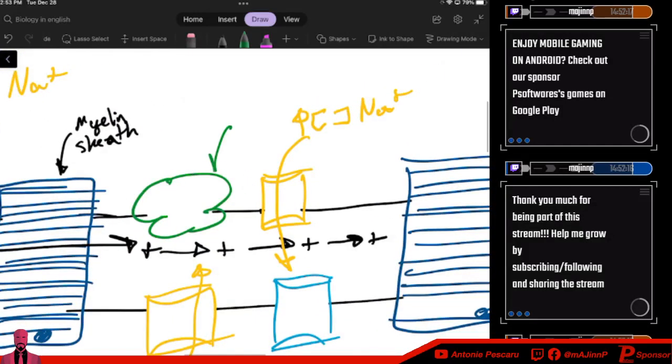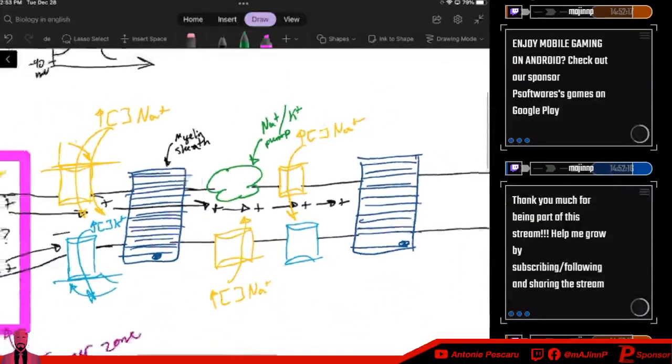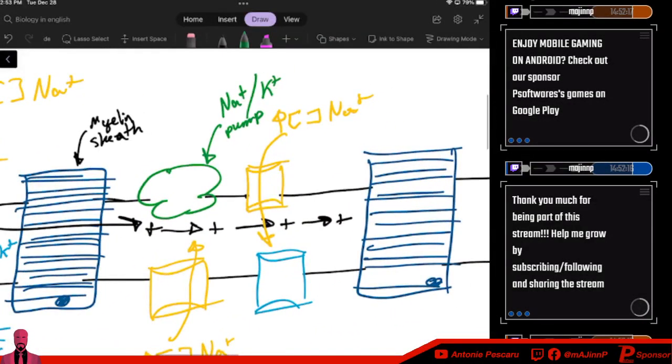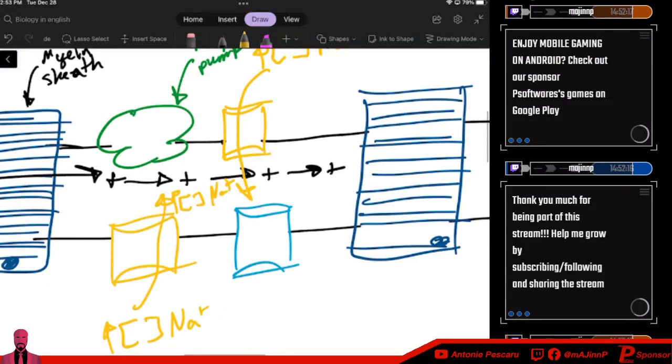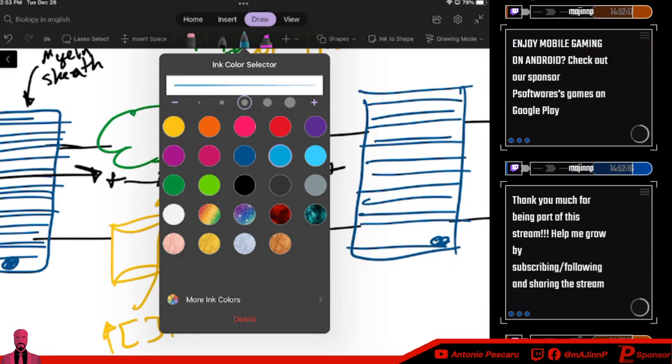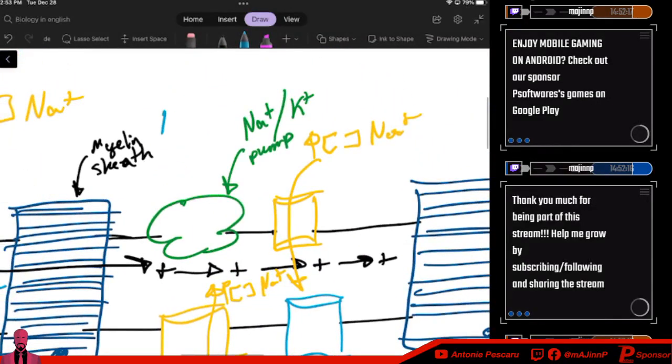This little green popcorn right here is the sodium potassium pump. Because the irregularity you have right now is a high concentration of sodium inside of the cell and a high concentration of potassium outside of the cell, and you have to bring that balance back.